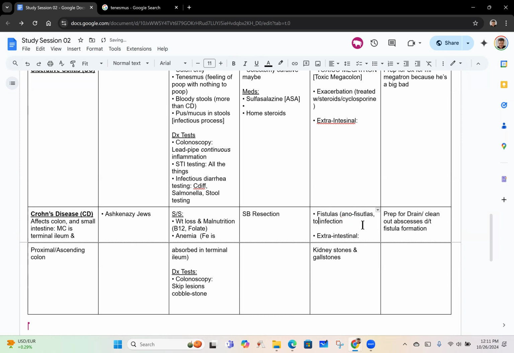Because usually you're thinking that ulcerative colitis is all about the rectum and sigmoid, but that's the only time where Crohn's actually kind of overlaps a little bit commonly, right? Leading to infection. Okay, and it can perforate too, so just kind of like diverticulitis.